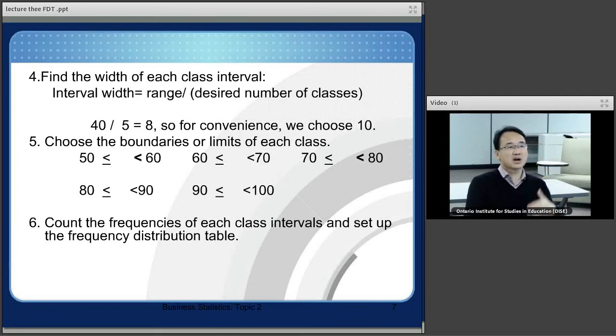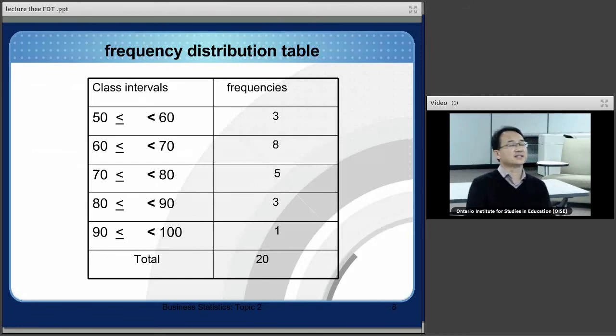最后一步，我们看50分到60分有几个同学的分数在这个范围内，60分到70分有几个，也就是我们数的频率。Okay, so here we set up a frequency distribution table about the 20 students' English test score. So on the left column, we can see the class interval, 就是每一个级的阶格。You can see 5 classes from the lower limits to upper limits.